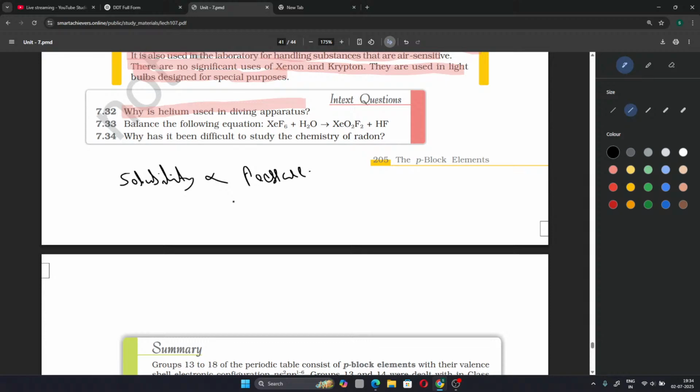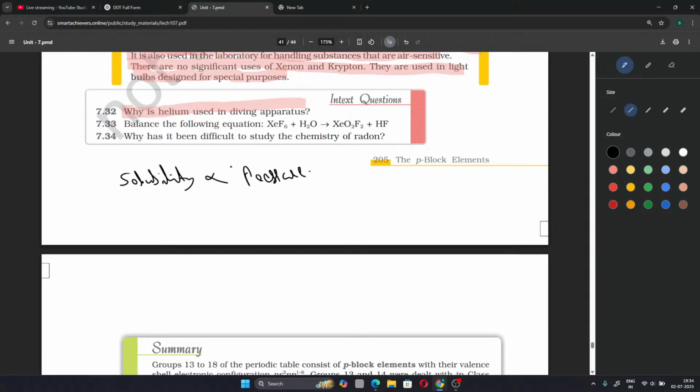Due to that, the nitrogen in the air we breathe will dissolve more into our blood, and as this nitrogen dissolves, it forms bubbles or obstructions in our blood system, which lead to a disorder called bends. To reduce the dissolving of nitrogen in our blood, we use helium to reduce the partial pressure of nitrogen.